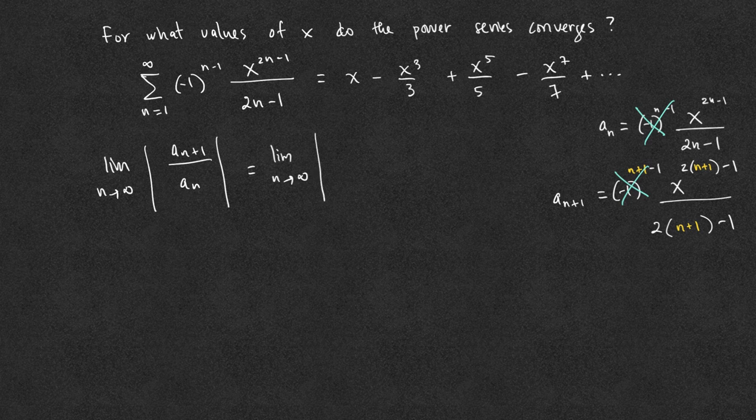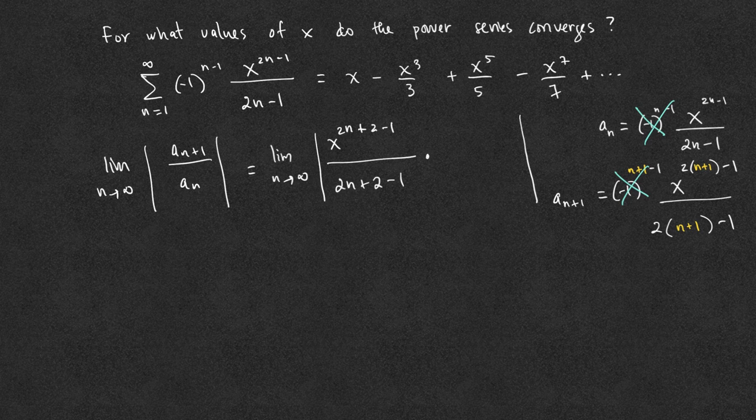A sub n plus 1 is now x to the 2n plus 2 minus 1 over 2n plus 2 minus 1. Dividing by a sub n is the same as multiplying by the reciprocal of a sub n.